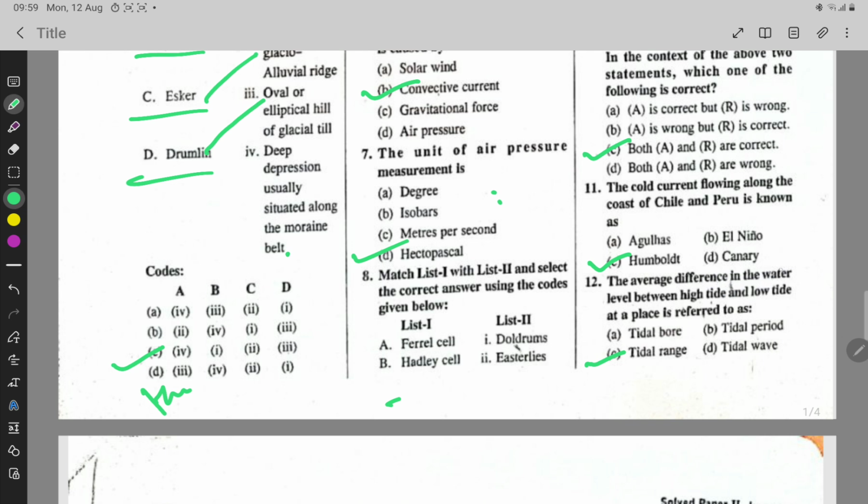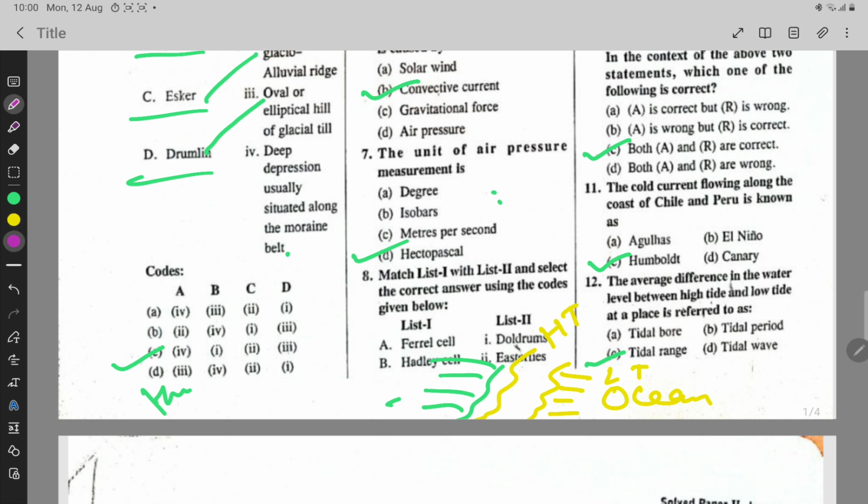See, tidal range can be understood as this is land area and this is the level of ocean water during low tide, and this is the level of ocean water at high tide.